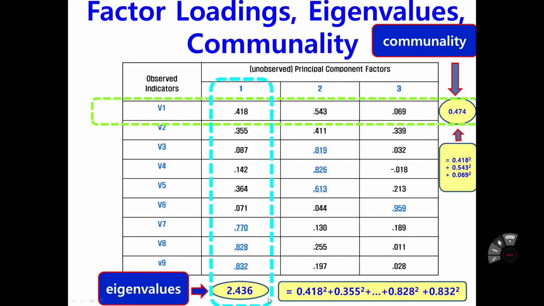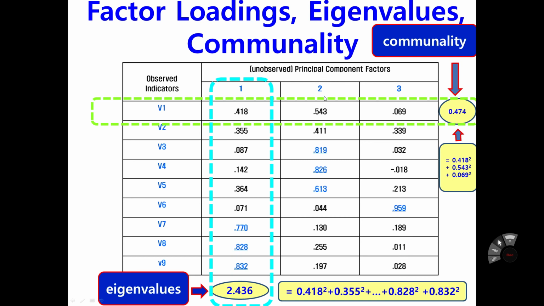That is measured by the summated squared corresponding column-wise factor loadings. How would you then calculate the eigenvalue of the second principal component factor?